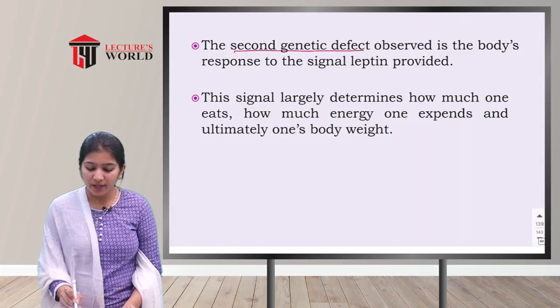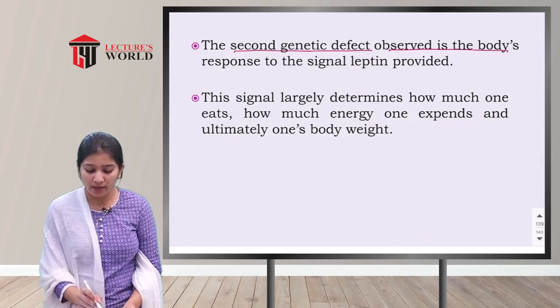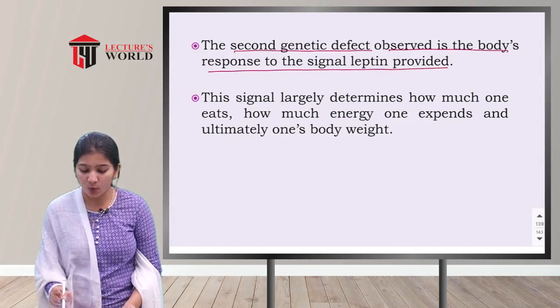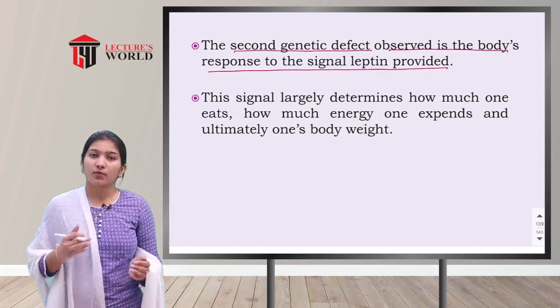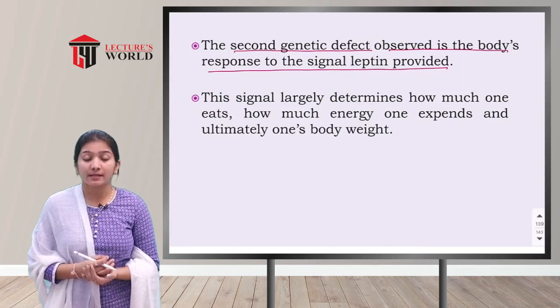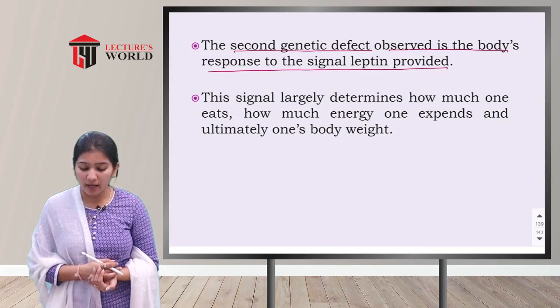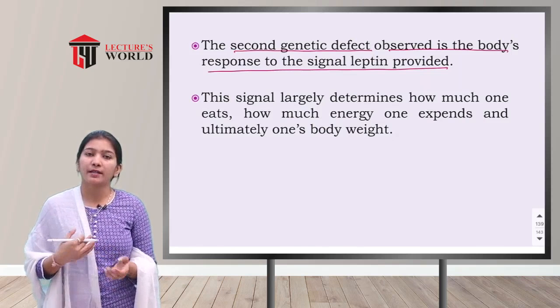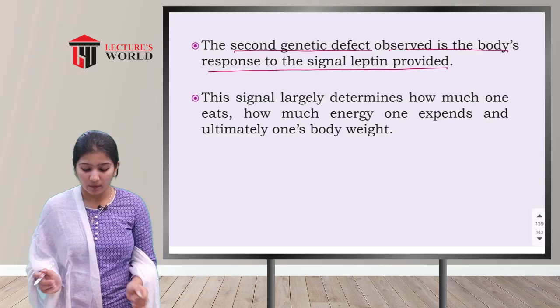The second genetic defect observed is in the body's response to the leptin signal. Okay, so the first genetic defect is the absence of leptin. The second is a defect in the genes for the leptin signal. So how is leptin providing a response to our body?